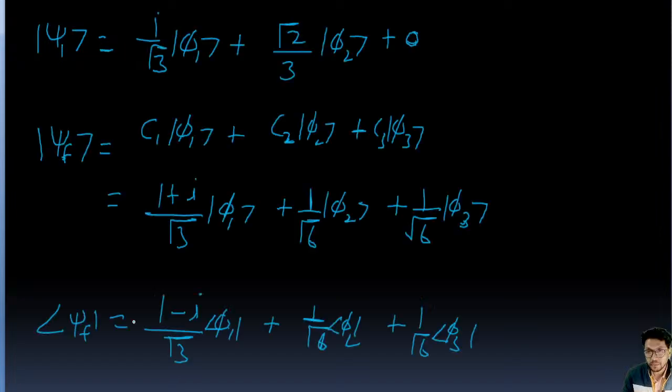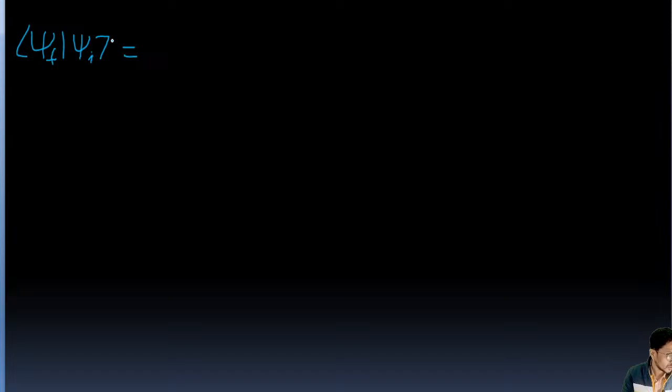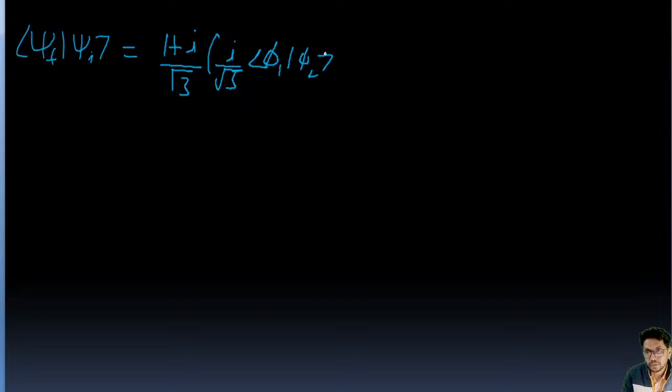We will operate the bra with the ket, so it is going to be 1 plus iota upon root 3 into iota upon root 3 phi 1 phi 1, plus root 2 upon 3 into 1 upon root 6 phi 2 phi 2.